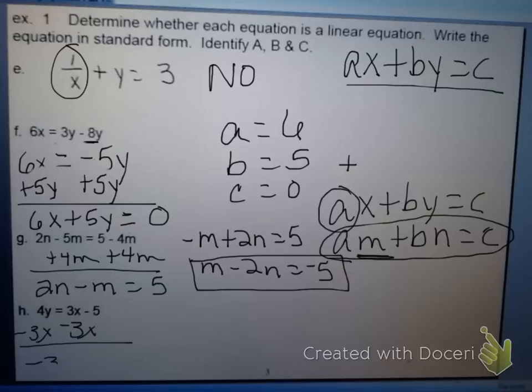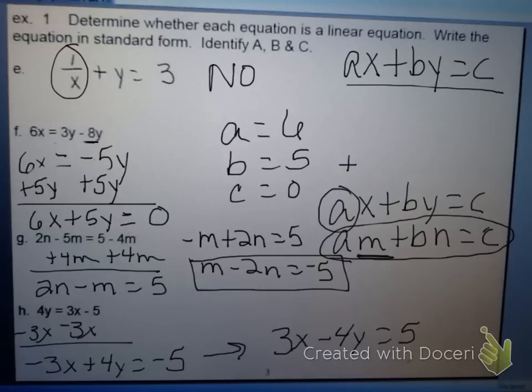So that says negative 3x plus 4y is equal to negative 5. Now, once again, the A is a negative number, and we want it to be positive. So I'm going to divide everything by a negative 1, which basically changes the sign of everything. So that's a positive 3x, negative 4y is equal to a positive 5.